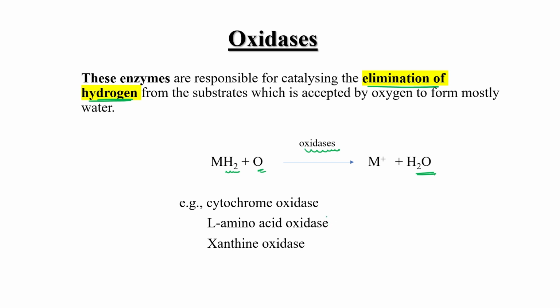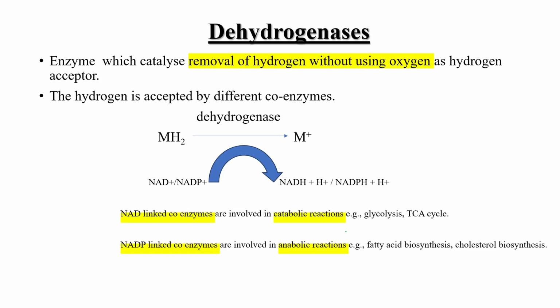Examples of this group are cytochrome oxidases, L-amino acid oxidases, xanthine oxidases. So what is the main role of oxidase enzymes? Elimination of hydrogen from the substrate. Clear?